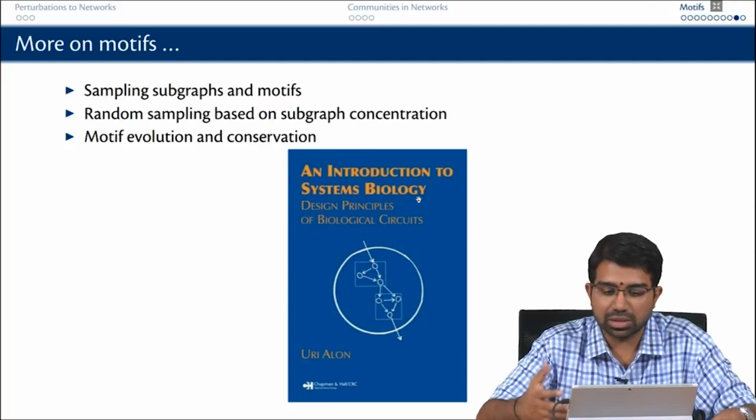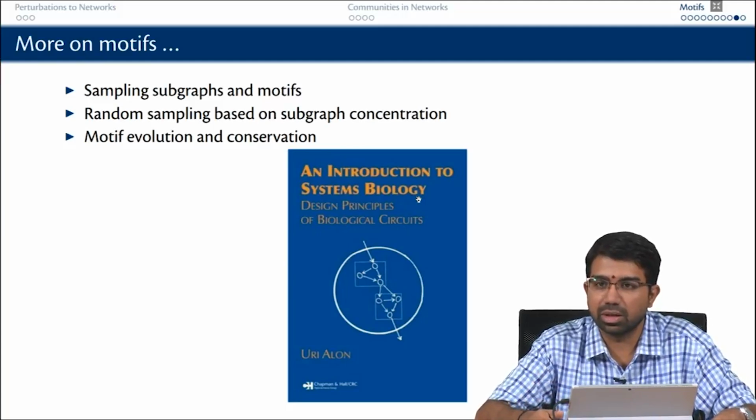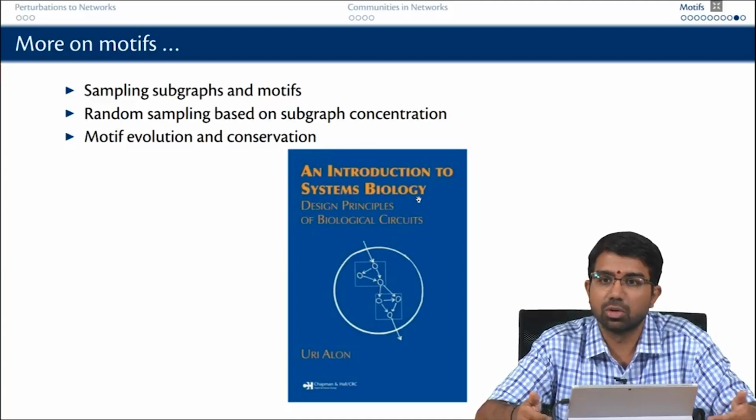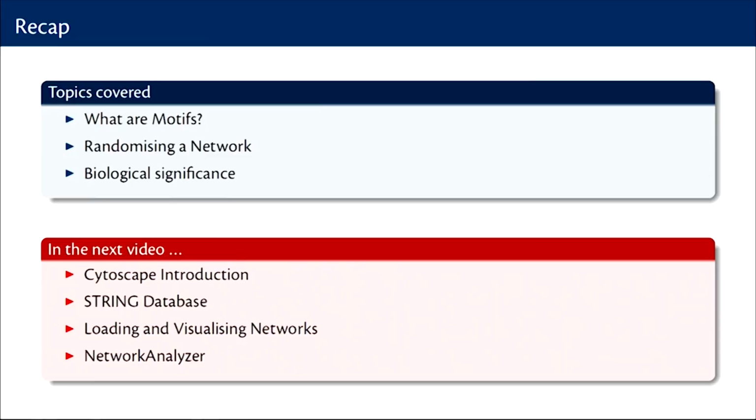Uri Alon has this very classic textbook on systems biology which covers a lot of information on motifs and networks. So I hope you got a good glimpse of what motifs are, some concepts related to randomization, statistical hypothesis testing in terms of identifying motifs in a network, as well as how these motifs are embedded in biological networks.